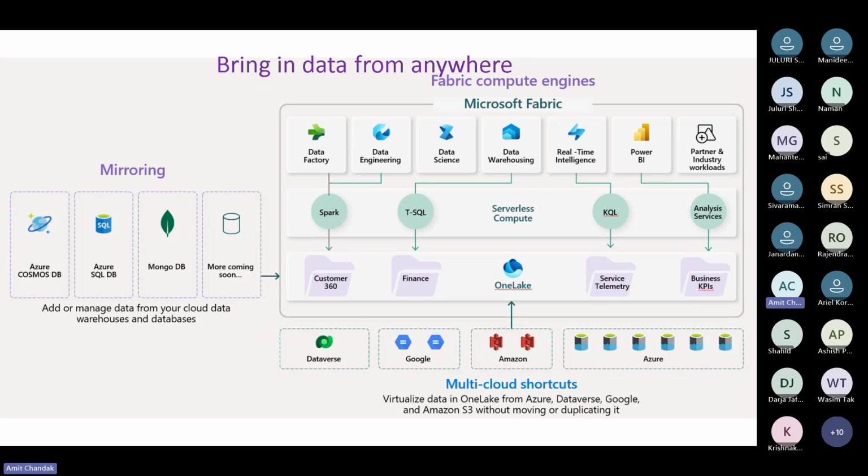Then we have shortcuts, where you don't need to bring in the data. You can see the data where it is present. So shortcut, mirroring, Copy job, Dataflow Gen 2, all these help you in bringing data into Microsoft Fabric.